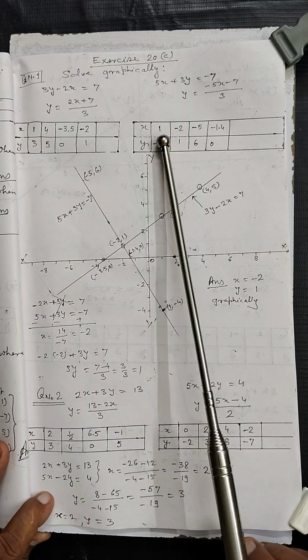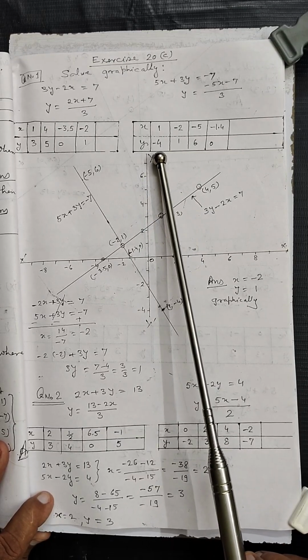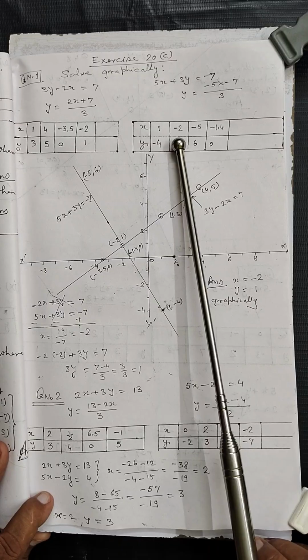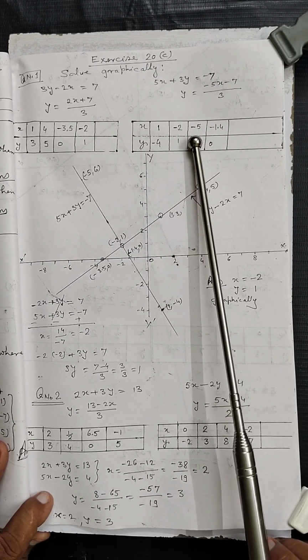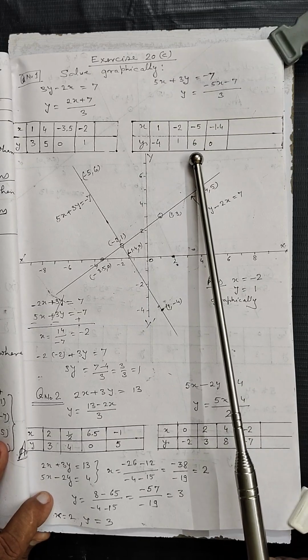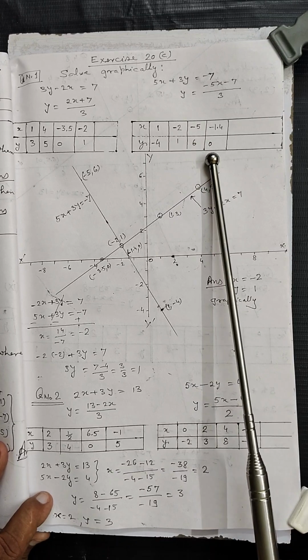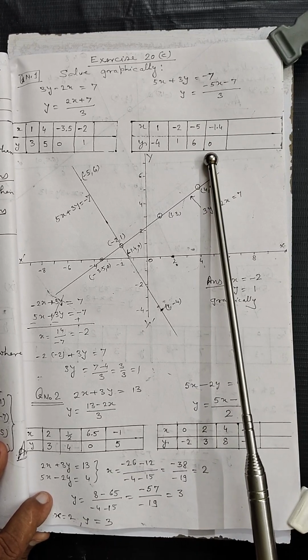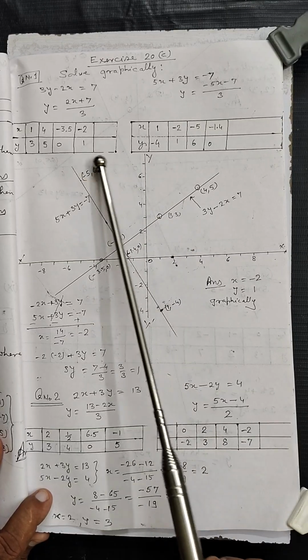If you put x is equal to 1, you will get the value of y will be equal to minus 4. If you put x is equal to minus 2, you will get the value of y, that is 1. If you put x is equal to minus 5, you will get the value of y, that is 6. If you put x is equal to minus 1.4, you will get the value of y, that is 0. So in this way you can prepare the table.